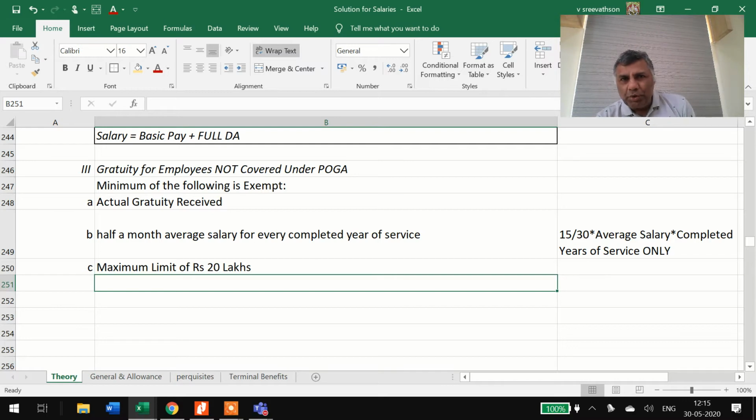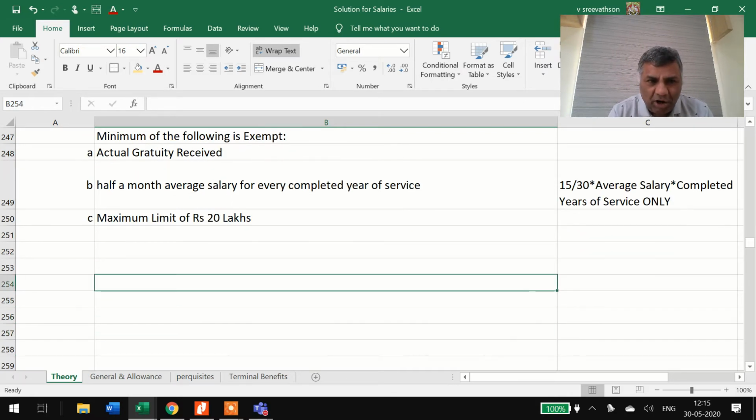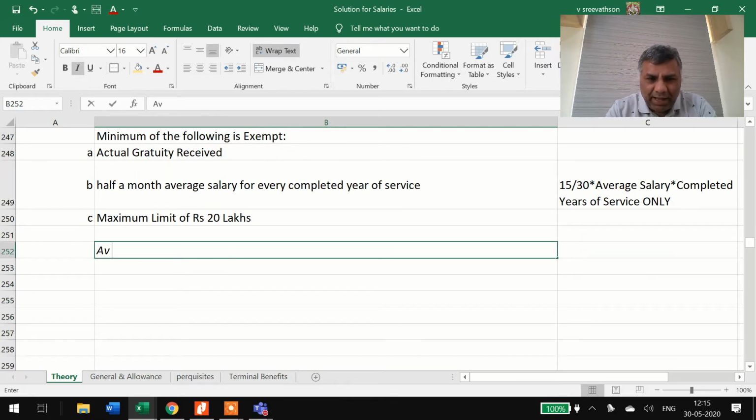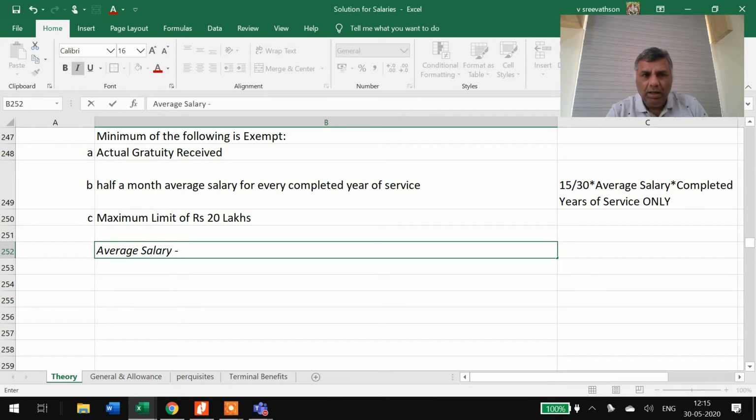So you can see the difference. That leads us to the question of what is meant by average salary.